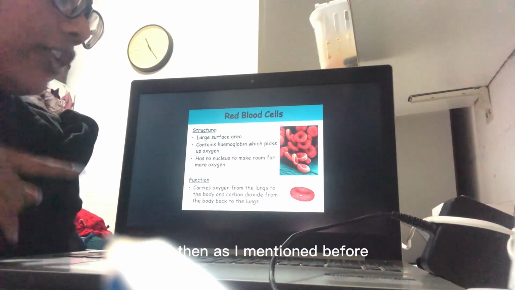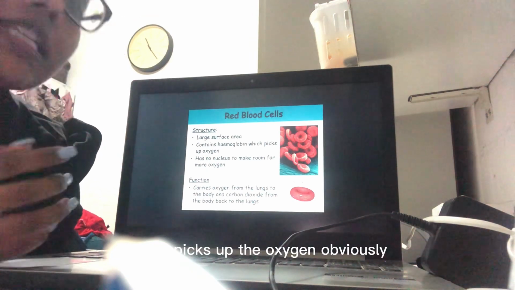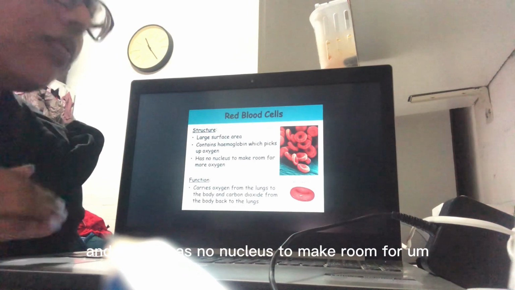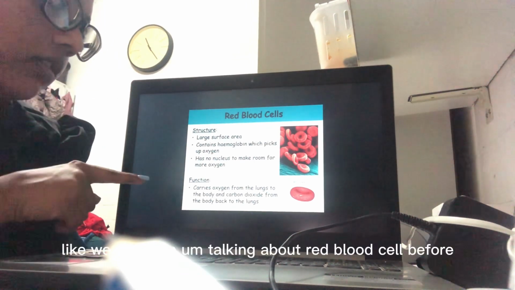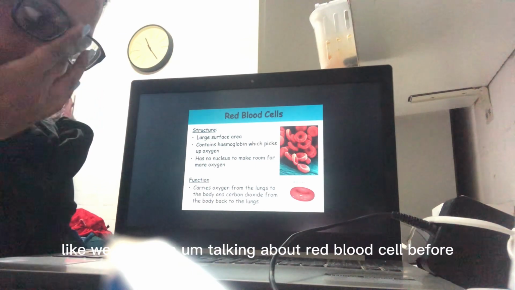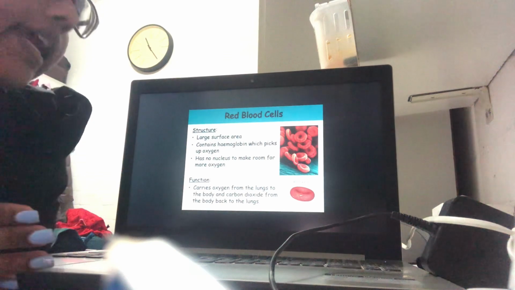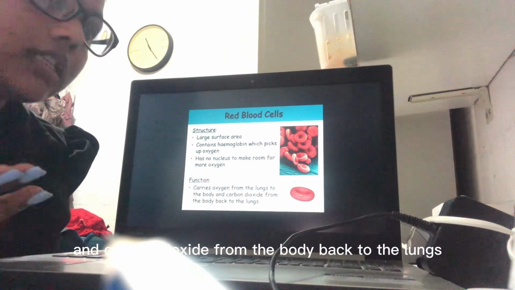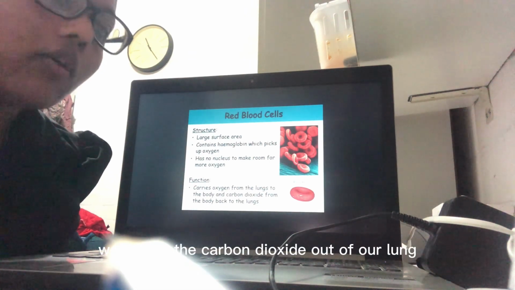And then, as I mentioned before, it has a protein called hemoglobin, which picks up the oxygen, obviously. And then it has no nucleus to make room for more oxygen. Like we were talking about red blood cells before, it carries oxygen from the lungs to the body, and carbon dioxide from the body back to the lungs, and we exhale the carbon dioxide out of our lungs.